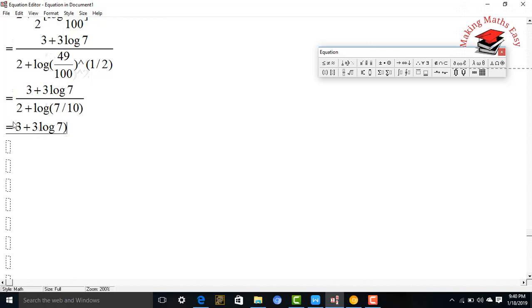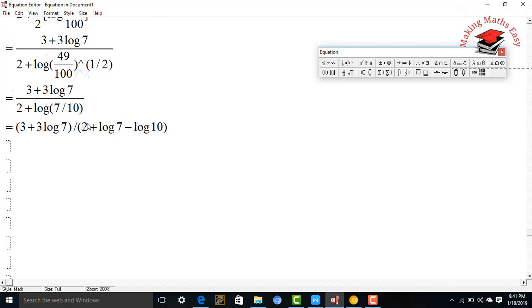and this will be divided by 2 plus log of 7 minus log of 10.